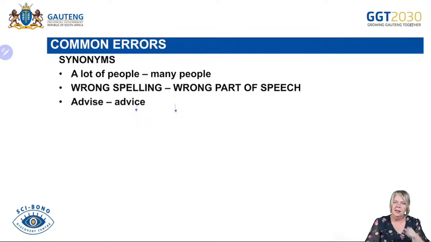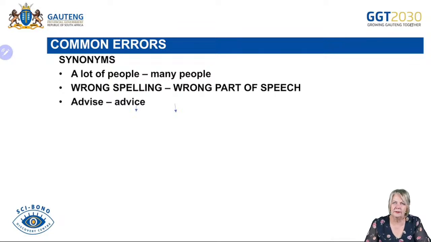And the C, that's just the C, is advice. Voiceless. It doesn't have a Z sound. It's just the S sound. All right? And that refers to the noun. So I will advise you to take my advice.